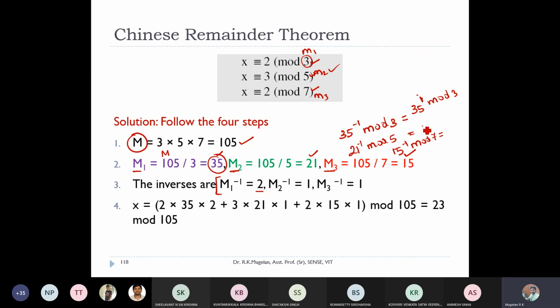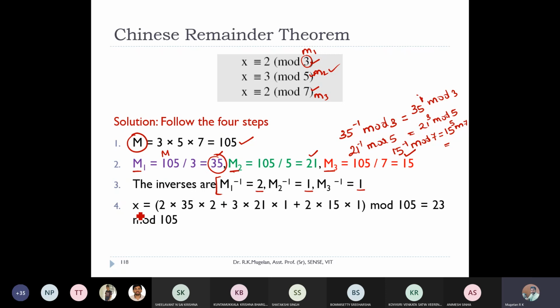And for the inverse of 21 modulo 5, it is phi of 5 minus 1. Phi of 5 is 4, and 4 minus 1 is 3. So 21 cubed mod 5 will give the multiplicative inverse of 21. And similarly, the inverse of 15 modulo 7 is 15 to the power phi of n minus 1. Phi of 7 is 6, and 6 minus 1 is 5, so 15 to the power 5 mod 7 gives the answer for this one also. So the inverses are found to be 2, 1 and 1.